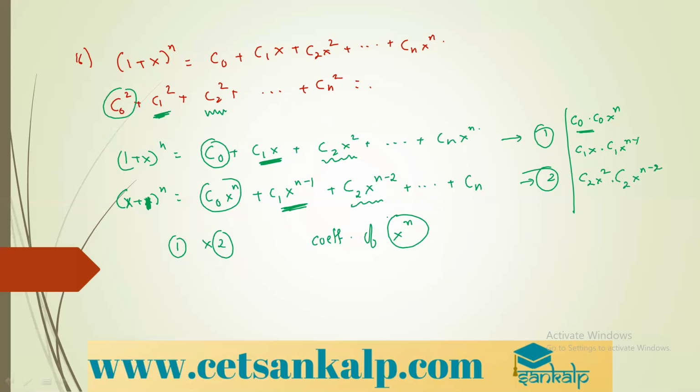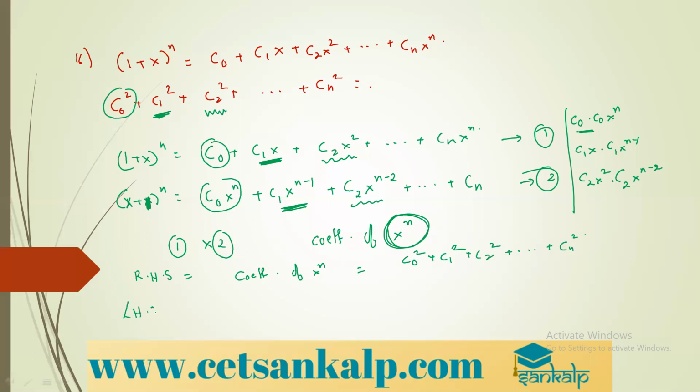Again I am getting the coefficient of x power n only. So what I am doing is correct. On the right side, the coefficient of x power n I have already verified. So I will write C0 square plus C1 square plus C2 square up to Cn square.